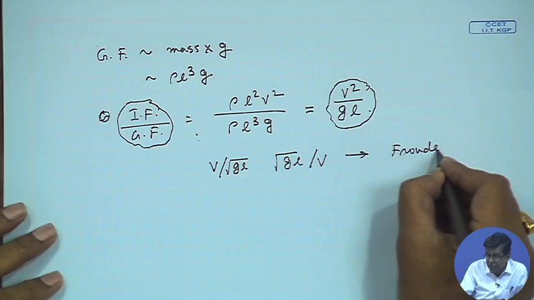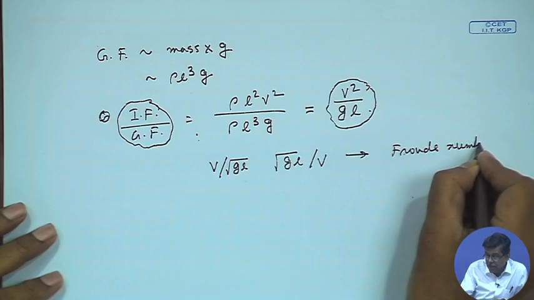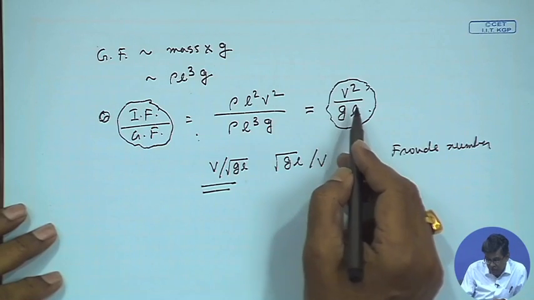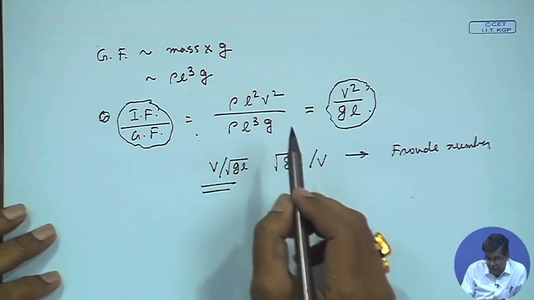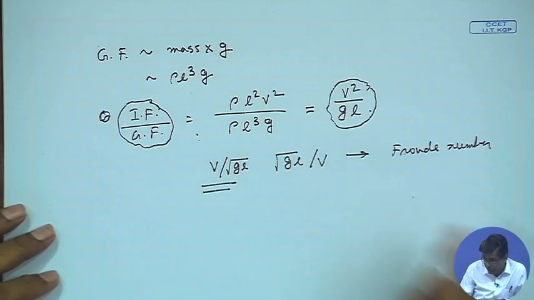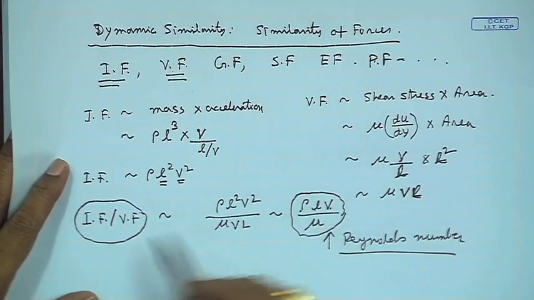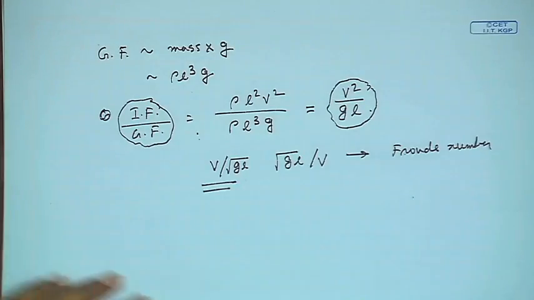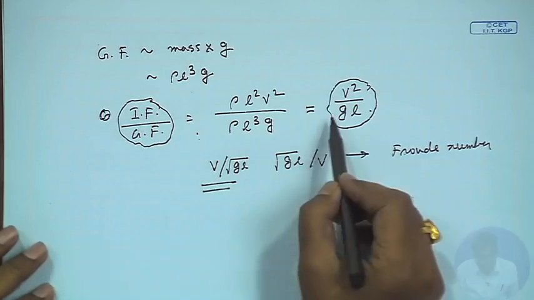There is no such convention; sometimes this is defined, sometimes the reciprocal is also defined as the Froude number. But Reynolds number has a classical convention: it has to be inertia force by viscous force, not viscous force by inertia force. So, inertia force by gravity force scales like that.